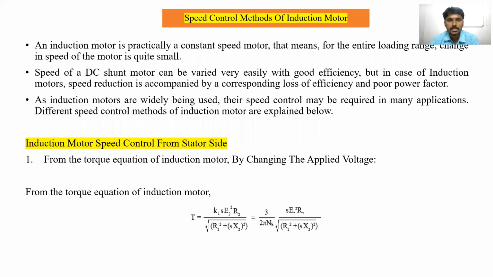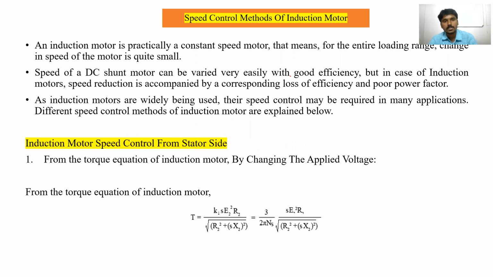The machine size increases, the machine cost increases, and DC machines cannot be operated in all places. So it has more drawbacks compared with AC motors. Clear? That's why nowadays we can also use induction motors in variable speed applications.